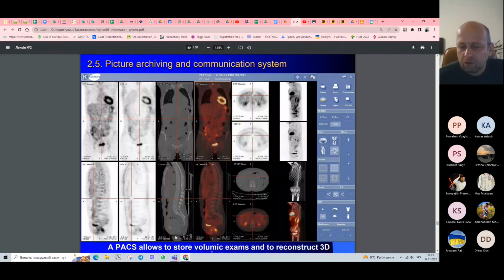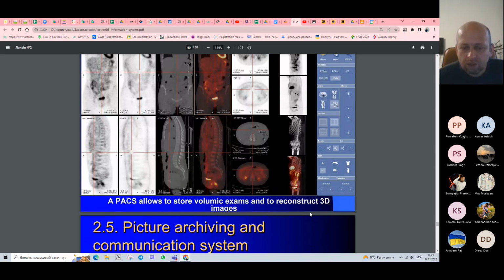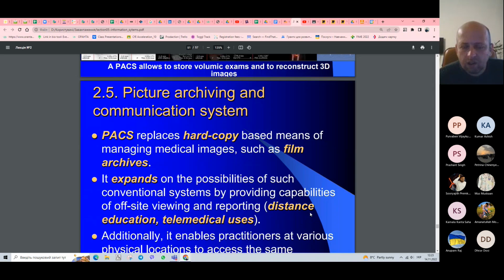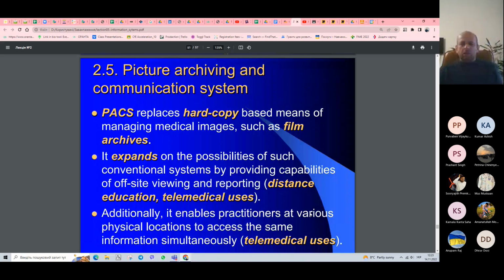After that, they can be reconstructed in 3D formats for complex visualization, the location of different kinds of tissue and its condition.